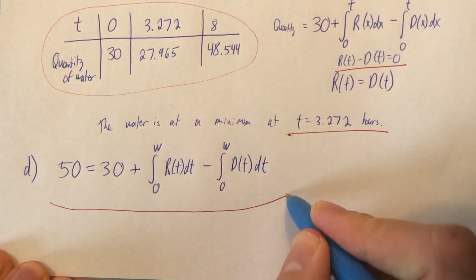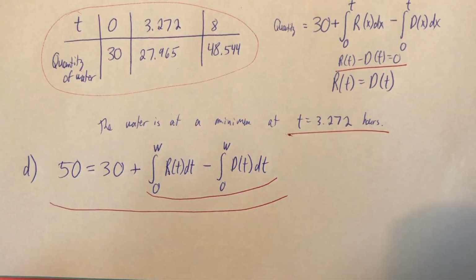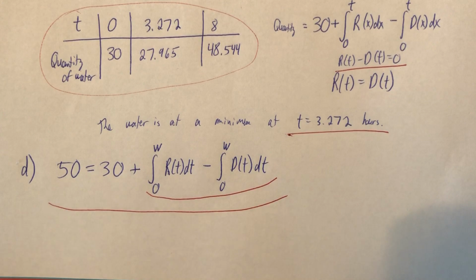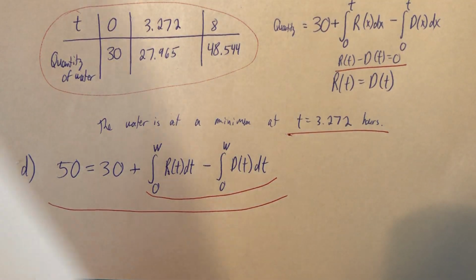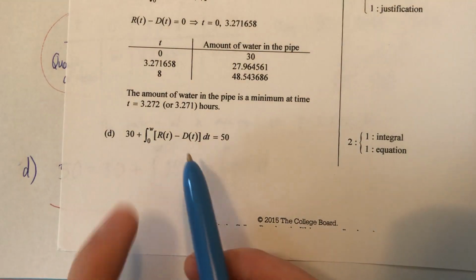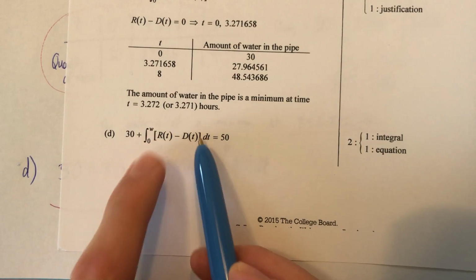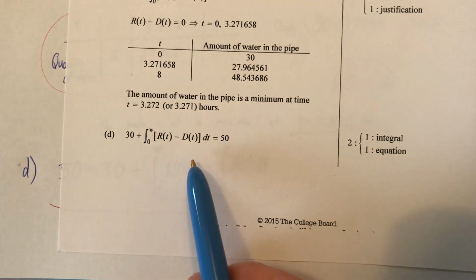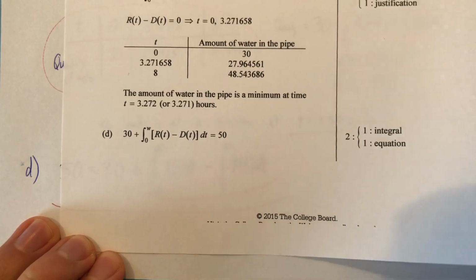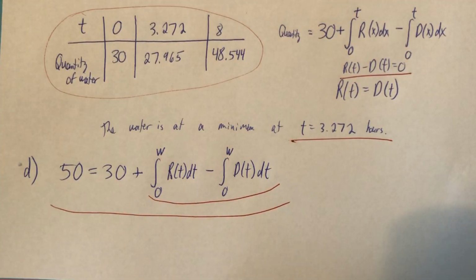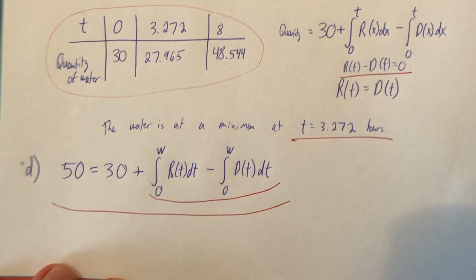But if you have these integrals, then you have another point. By the way, they did it differently, but we're not wrong. They put both of those integrals together. They did 0 to w and then r of t minus d of t. But it's the same idea if we're using the properties of integrals. And they did say involving one or more integrals, and we used more than one. So there we go.